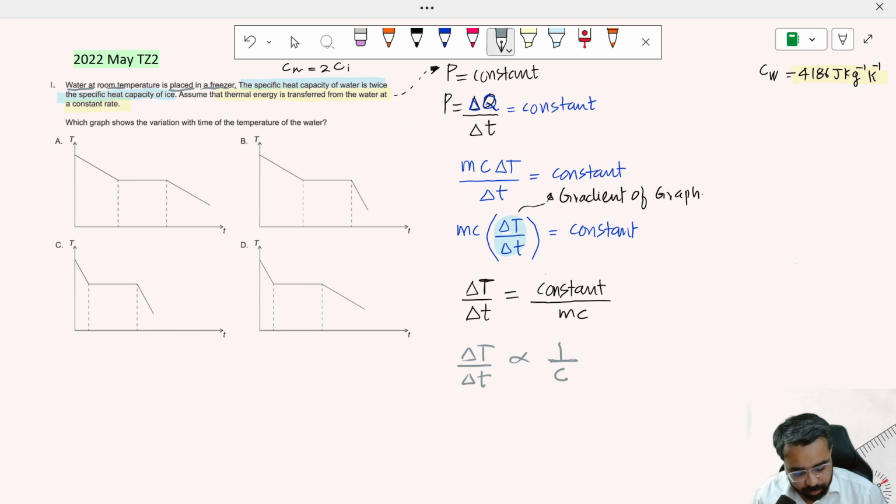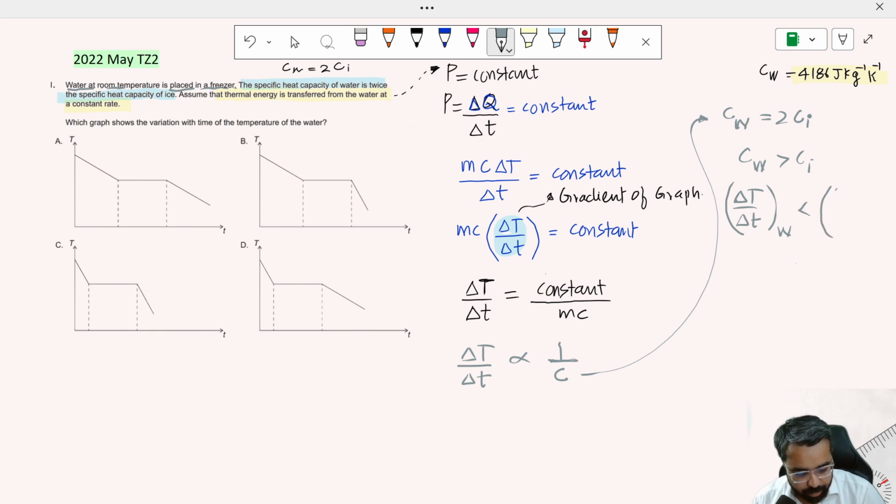So when we say the specific heat capacity of water is 2 times the specific heat capacity of ice, it means that since this is more than Ci, the slope or gradient should be less.